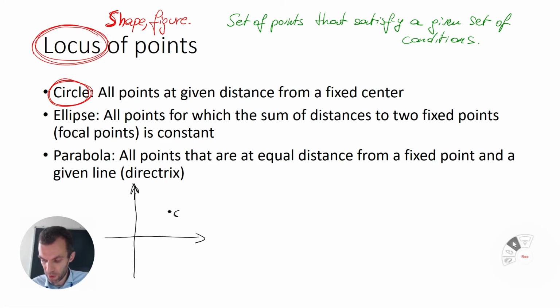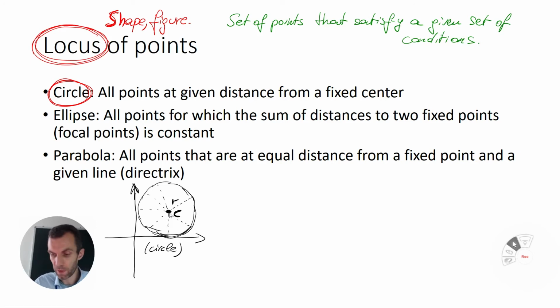So if this is my center C, and I have a distance, let's say this is distance R, then a circle, like the circle with center C and radius R, is all the points that are at distance R from the center. So this is a circle. Not very nicely drawn, but it's basically all the points that are at the same distance R from the center C.